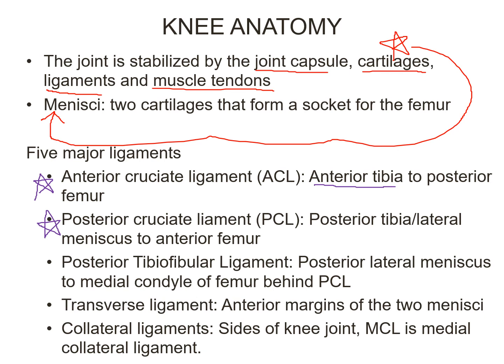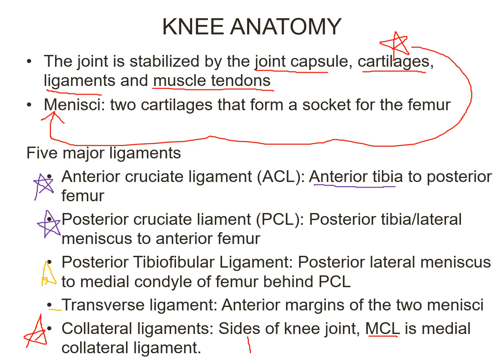And then you can see other ligaments that we have. We have the posterior tib-fib ligaments near the meniscus. We have a transverse ligament as well in the anterior part of the meniscus. And then we have collateral ligaments, which are typically what we think of with ligaments and synovial joints. We have an MCL, the medial collateral ligament.